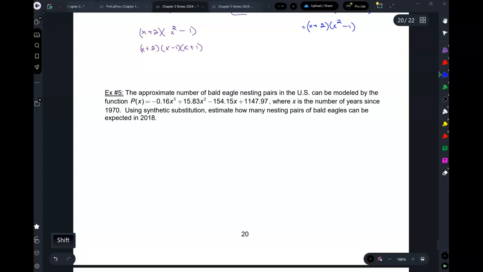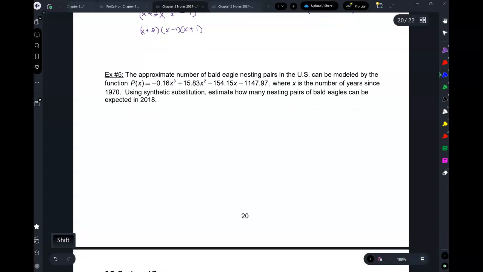All right, so let's take a look at this one. The approximate number of bald eagle nesting pairs in the US can be modeled by this function p of x. Look at this complicated function. They're not always going to be whole number coefficients. X is the number of years since 1970.